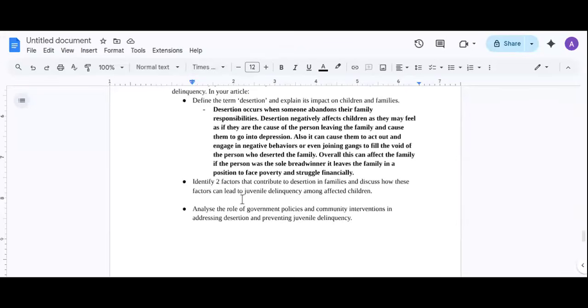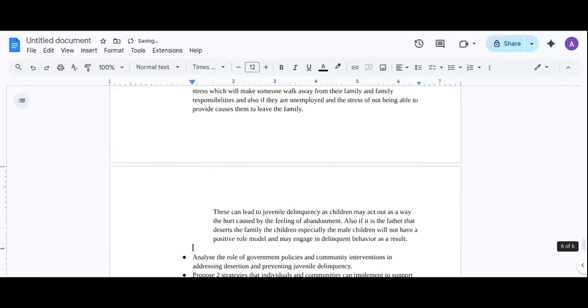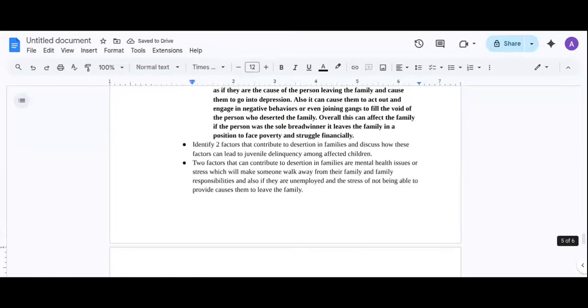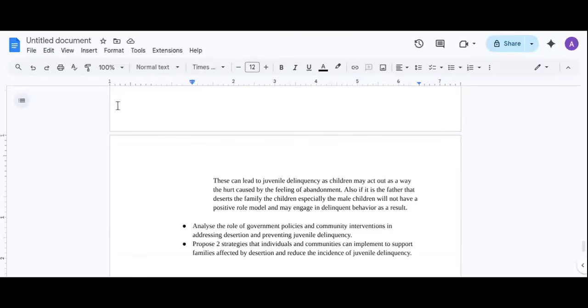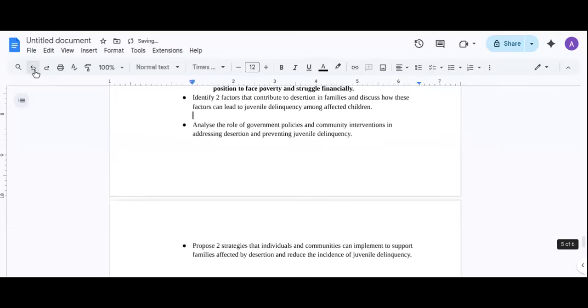The second part. Okay. Liz, I was thinking, what if it was a teen parent and they weren't ready to have a child? So after the child reached a certain age, they abandoned the family.